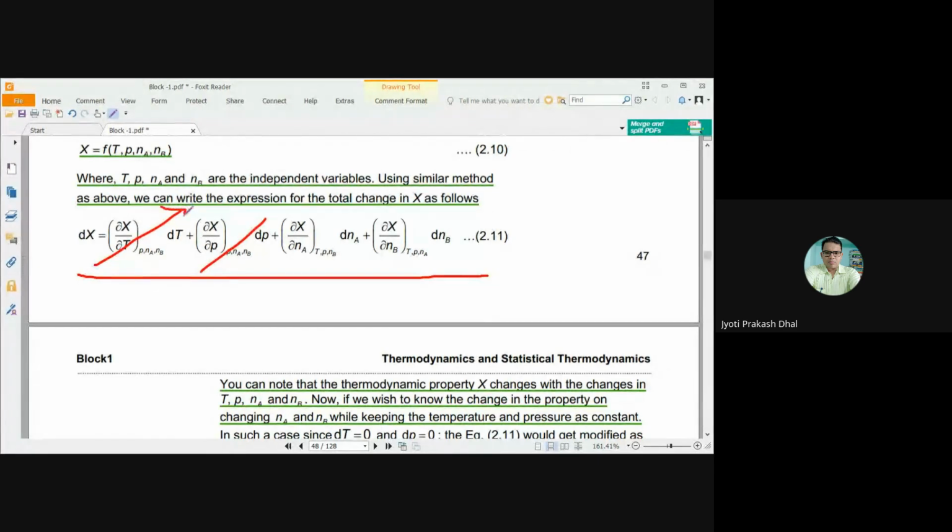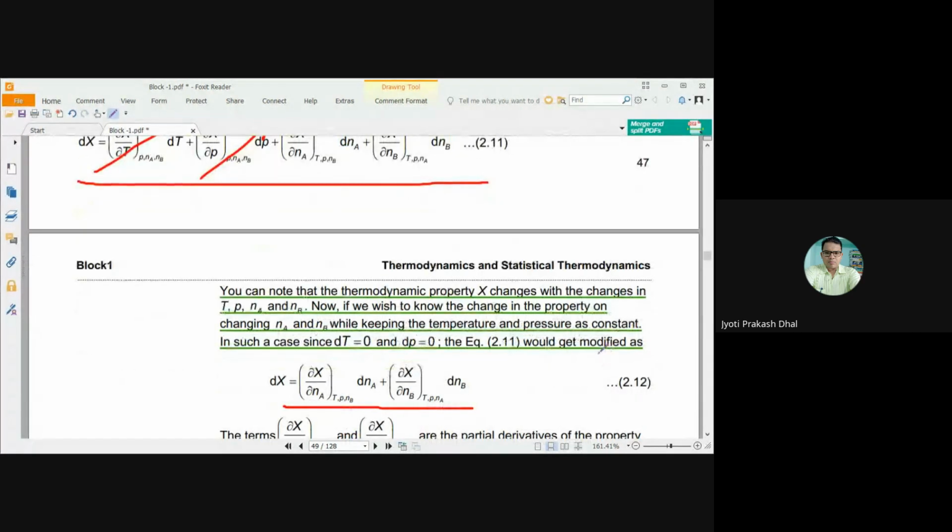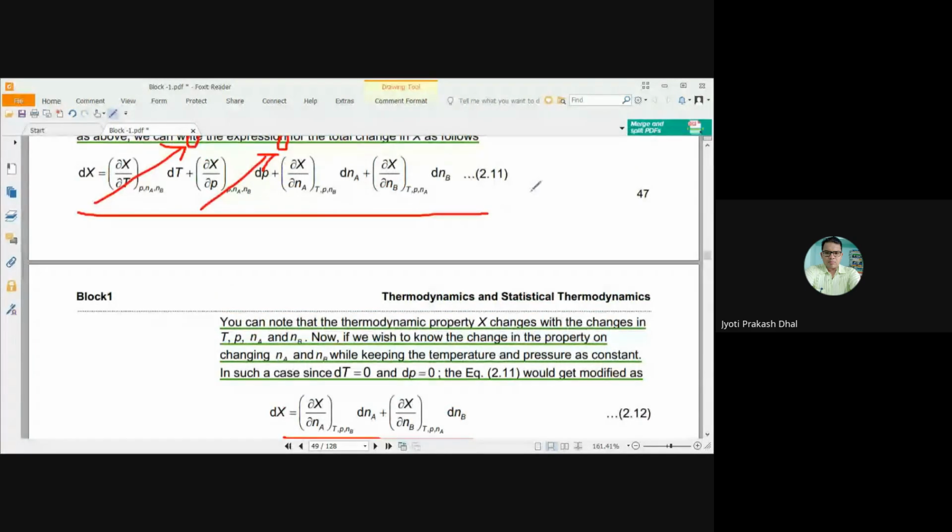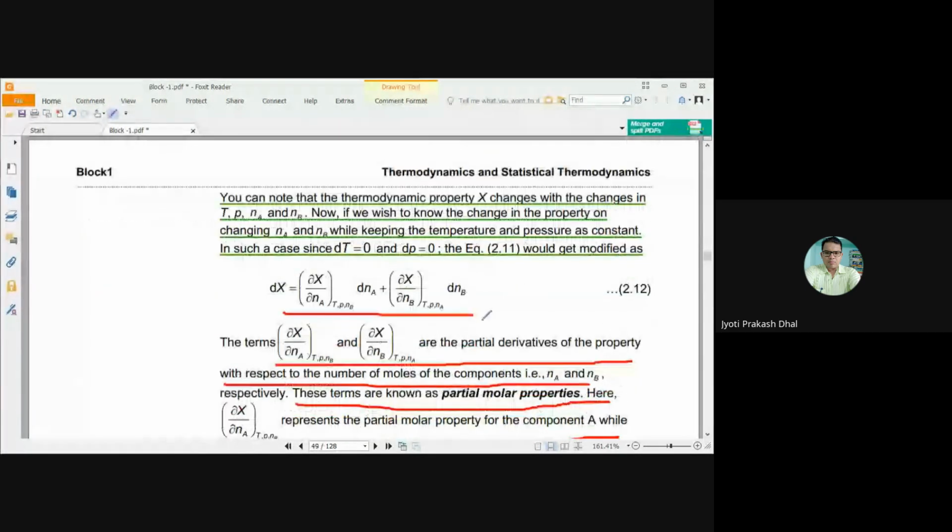So at constant temperature and pressure, equation 2.11 becomes: dx equals del x by del Na at constant T, P and Nb dNa, plus del x by del Nb at constant T, P and Na dNb.